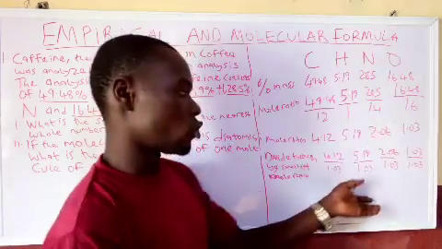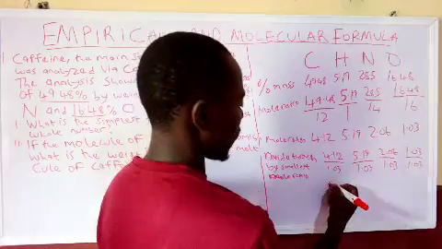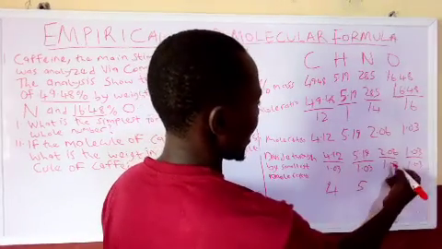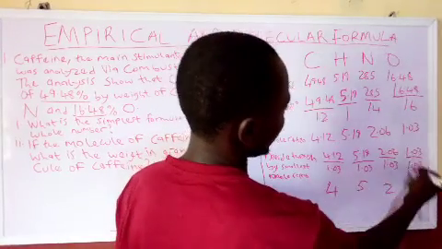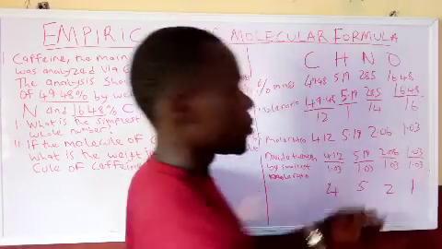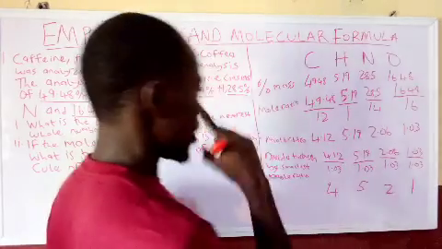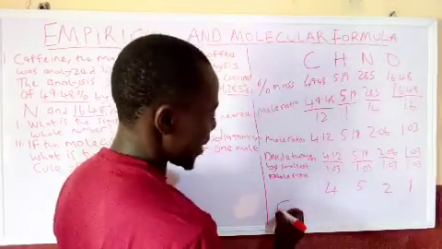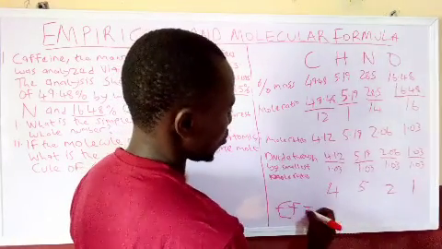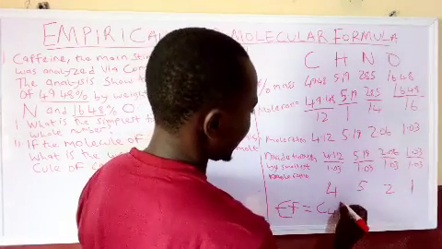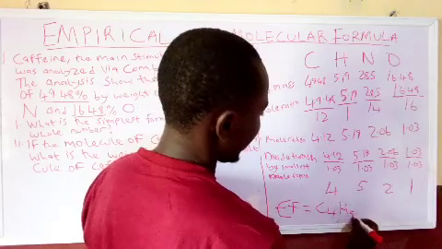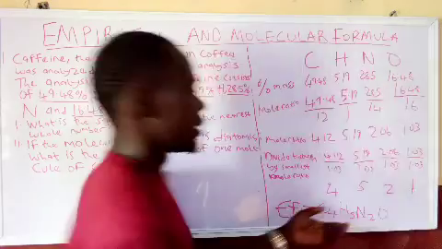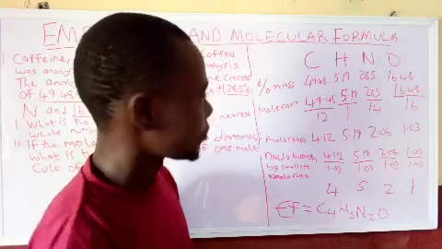When you divide all through, you will discover that this one is approximately 4, this is approximately 5, this is approximately 2, while this one will be exactly 1. So can you see? Carbon has this 4, hydrogen has this 5, and so on. So the empirical formula will be C4H5N2O.